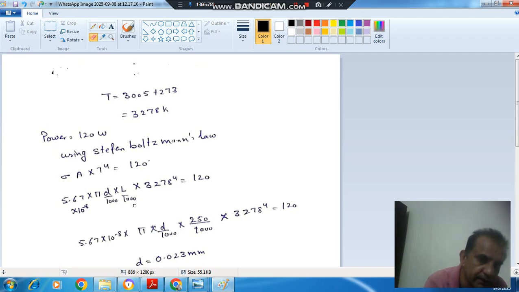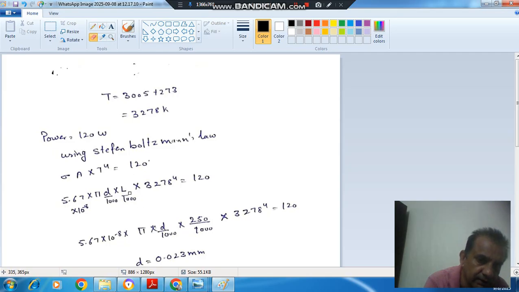A is the area of the filament emitting the light, which is pi d l, with d and l in mm divided by 1000 each. Sigma is 5.67 × 10^-8 watt per meter square per Kelvin^4, and the temperature is 3278.